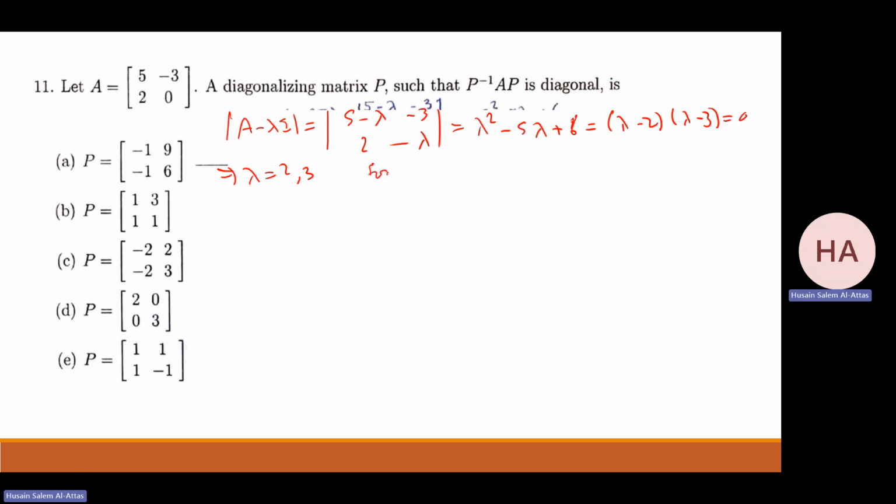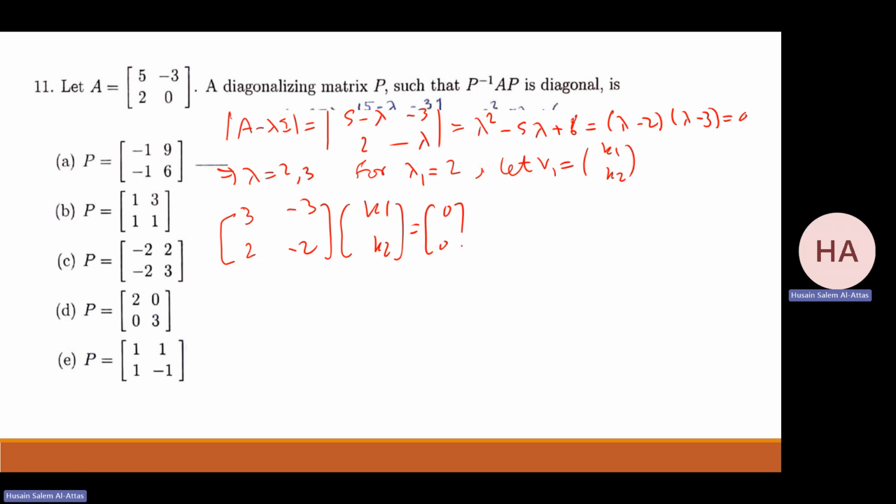Now let me do lambda 1 equal 2. What will happen? I let V1 will be K1, K2. So do the calculation. I have 5 minus 2, that will be 3, minus 3, 2 and minus 2 times K1, K2 equals 0, 0.